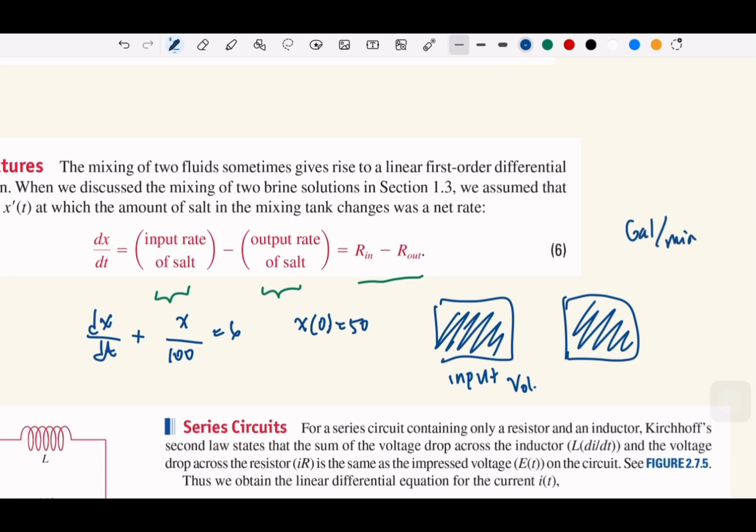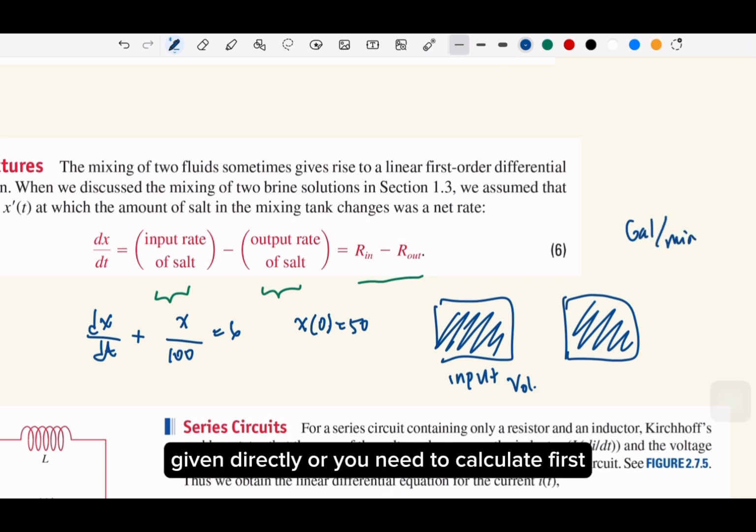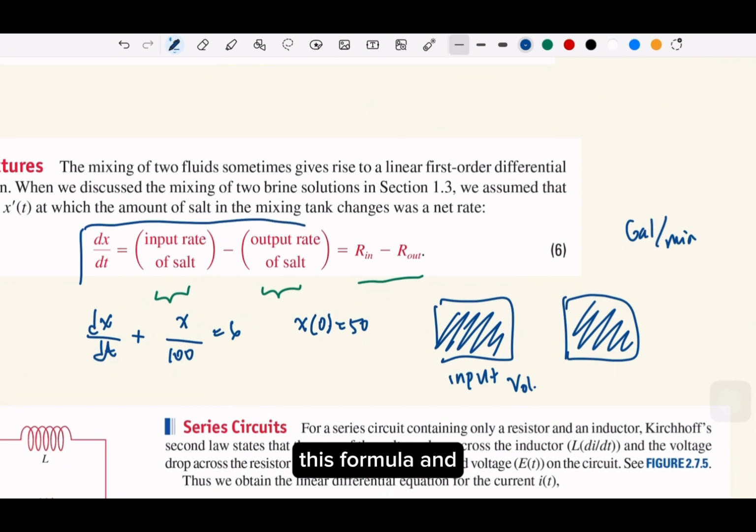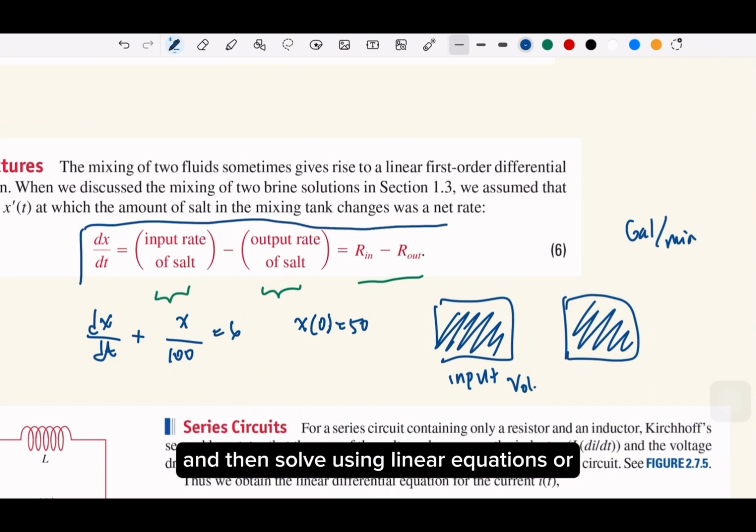So sometimes it is given directly, or you need to calculate first, and then you just put all the information inside this formula, and then solve using linear equations.